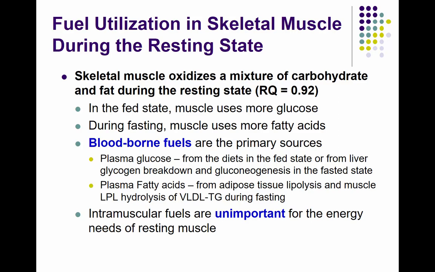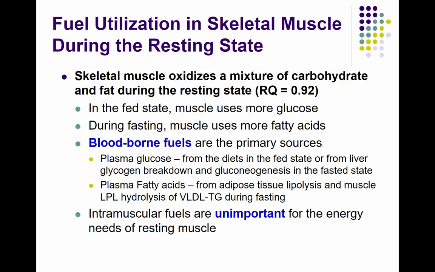Actually, remember one of the other important energy fuels muscle can use during the fasting condition: yes, ketone bodies. Don't forget ketone bodies for the resting. I don't see ketone bodies there, so try to add the ketone bodies during the fasting.